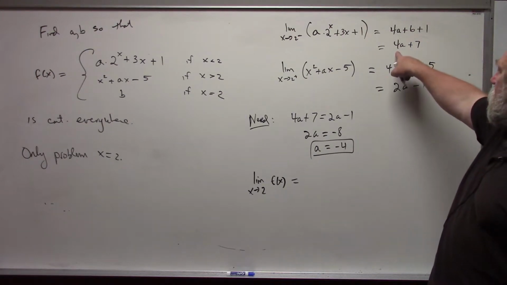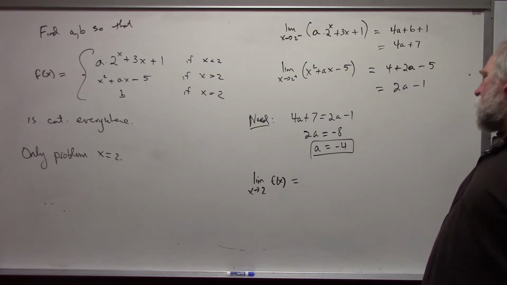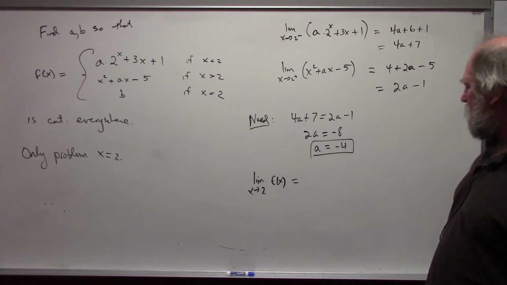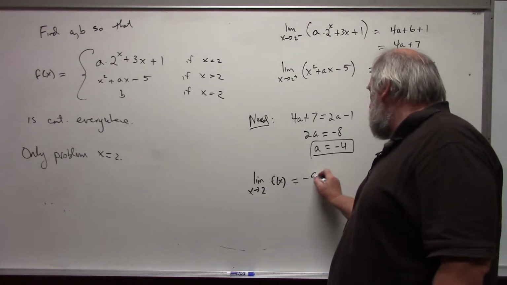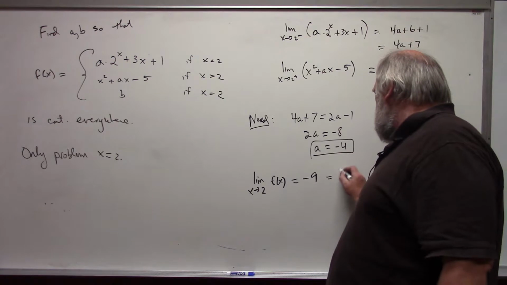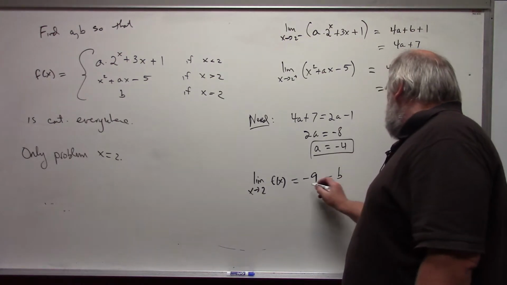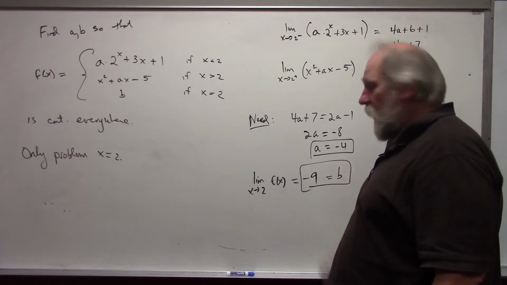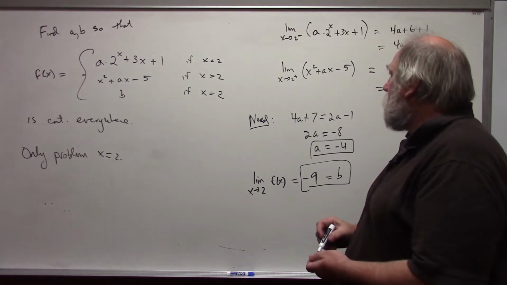Notice -16 plus 7 is -9, -8 minus 1 is -9. And so this has to be my value for b. So b is -9. Okay?